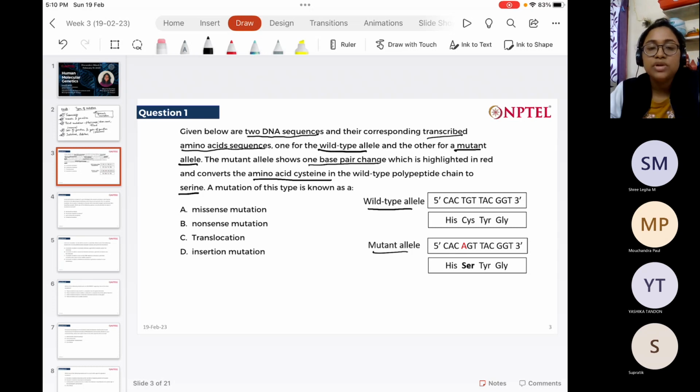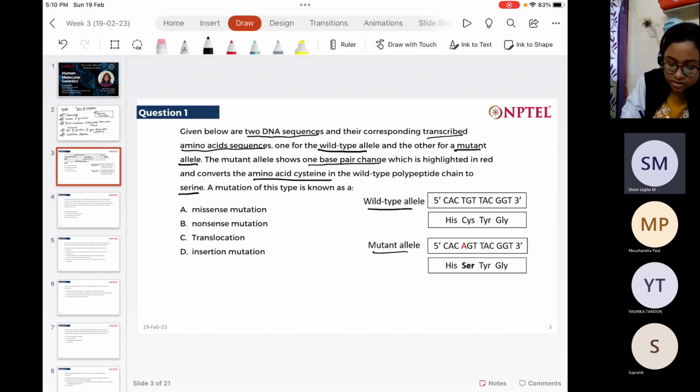This you are familiar with from your week 1 and week 2 lectures. Can any one of you answer what is the type of the mutation? Missense mutation. Correct, you are correct. Thank you, Shri. The answer is missense mutation.